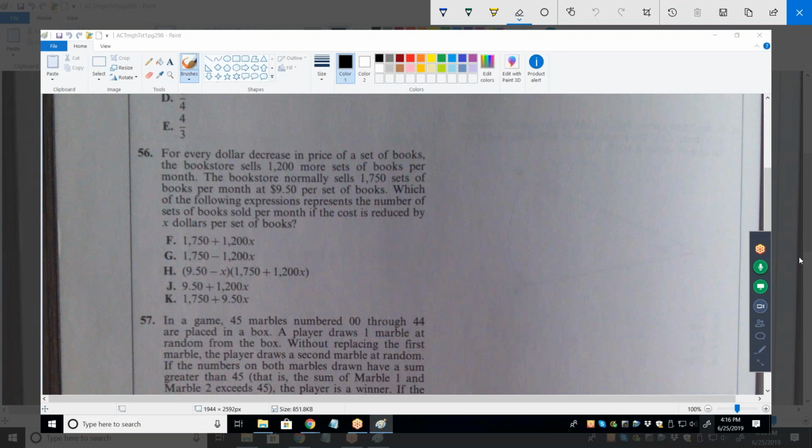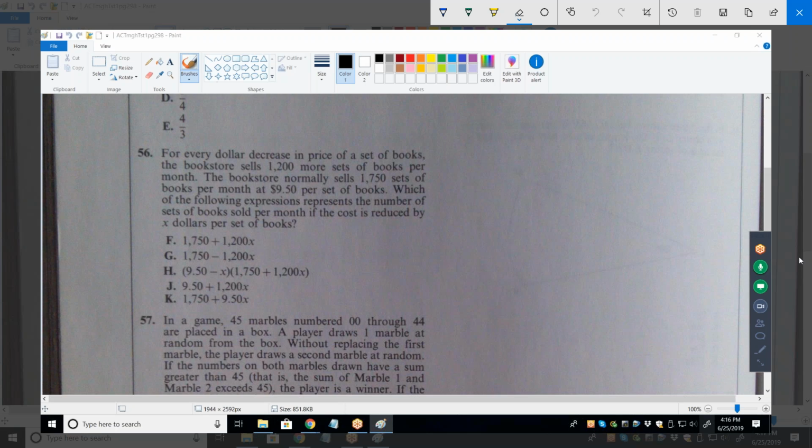Every dollar decrease in price of some books, the bookstore sells 1,200 more sets of books per month. The bookstore normally sells 1,750 sets per month at $9.50. Okay, so it doesn't change the cost.